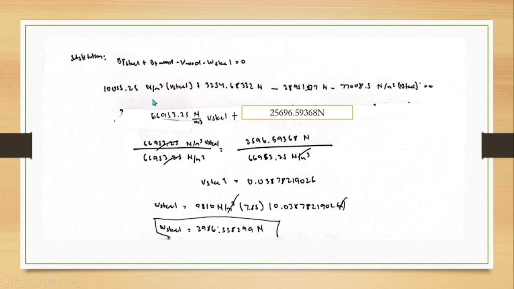So to get this, guys, we get 66953.25 Newton per meter cube, in the same unit.